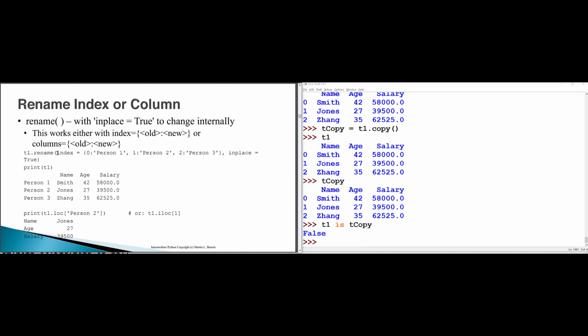So we can set a specific index, in this case, to replace the default index labels 0, 1, and 2, with strings instead. And we're also going to throw in here the inplace=True keyword argument, so that this happens in place within T1 as opposed to returning a modified copy of T1.